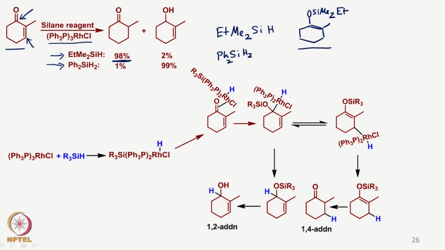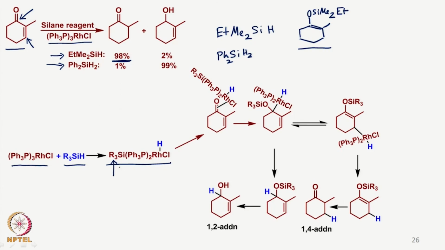So we have to see how this happens. If we have this rhodium catalyst and react it with any silane, this is what we are expecting to get, where the three R's can be two R's and one more hydrogen or whatever.